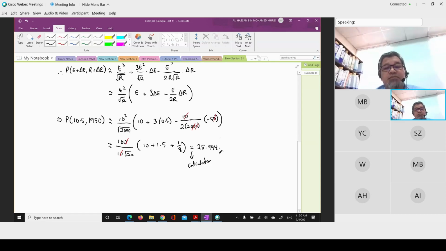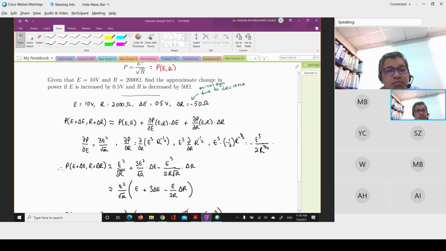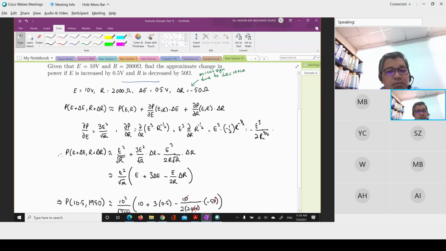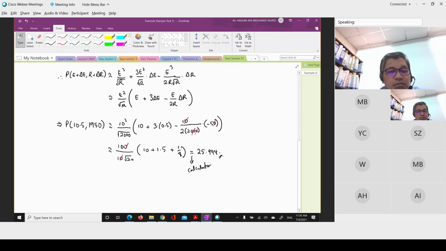So that is the approximate value using differentials. Any questions?